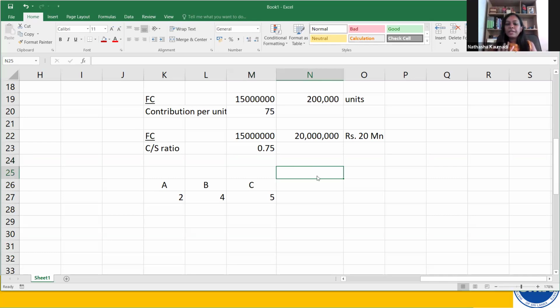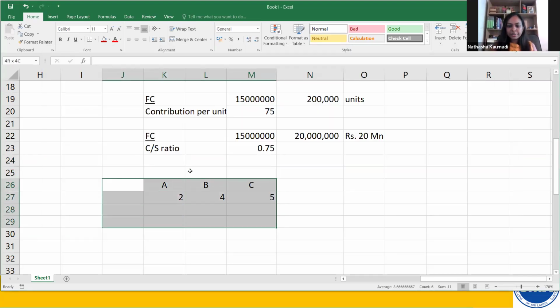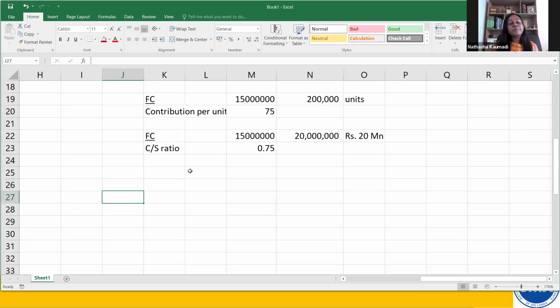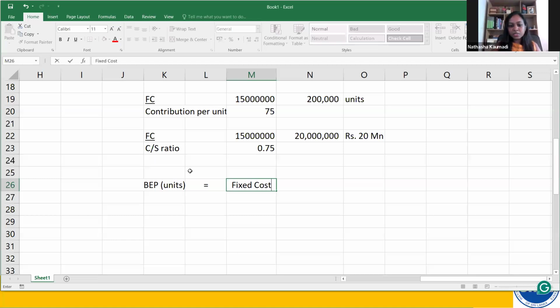Okay. Now that is how we use it. Now, if I write the break-even point, BEP units formula again, what is the formula? We write fixed cost divided by contribution per unit.